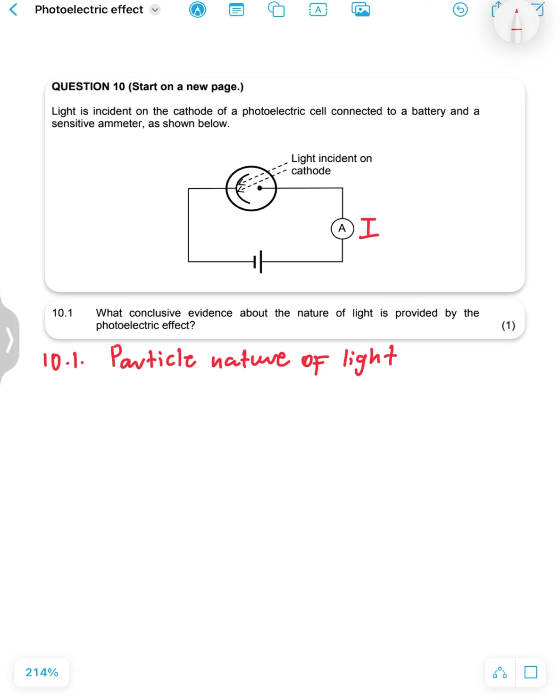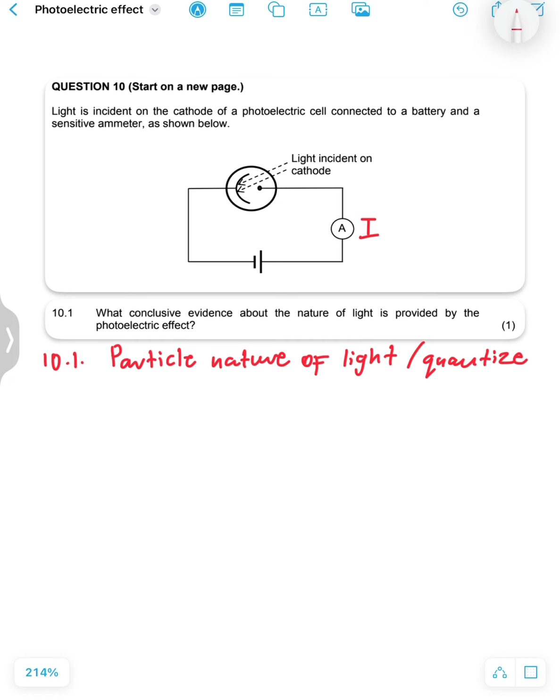Or in one term, you can say that it quantizes light. If you quantize light, it simply means that you break it into the smallest unit, which we call a particle. Okay, so that is 10.1.